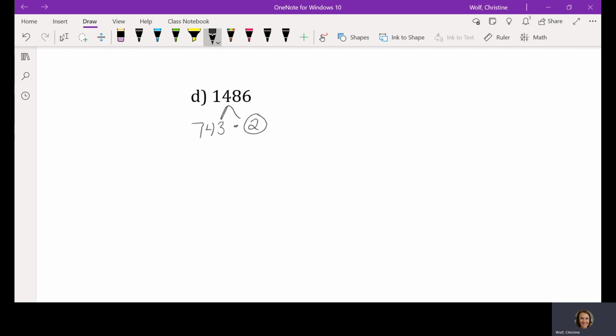So now what I'm doing is I'm taking 743. I know I can't divide it by 2. Doesn't work by 3, doesn't work by 4, doesn't work by 5, doesn't work by 6, doesn't work by 7, doesn't work by 8 or 9 or 10 or let's try 11. I haven't tried 11 yet.